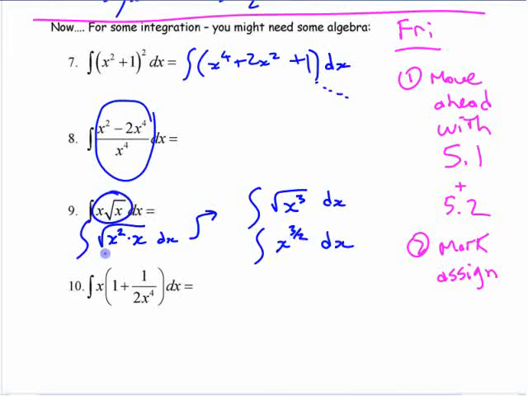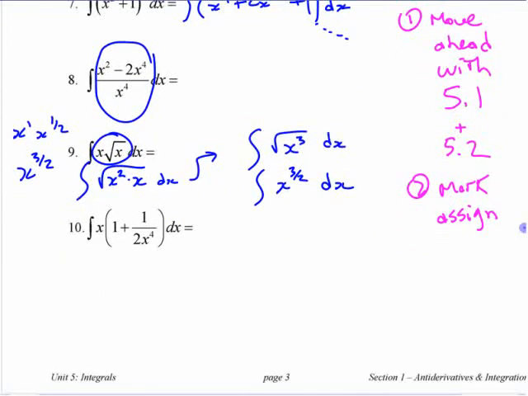You could have done that right off the bat and just thought of this as x to the 1 times x to the 1/2 is x to the 3/2, and just add them together. However you do it, once you make it into this, then you can use your power rule. The fractions are tough with the power rule.